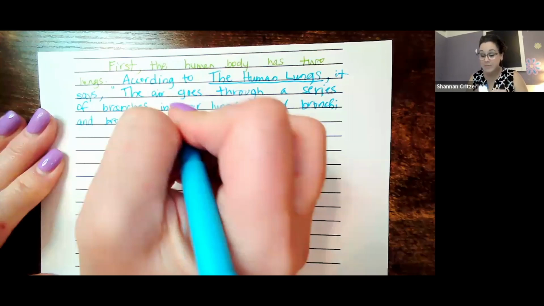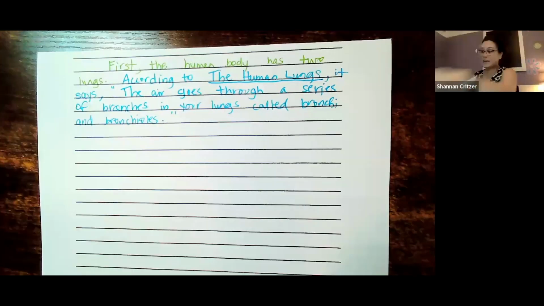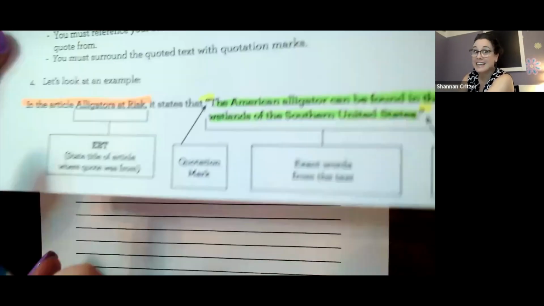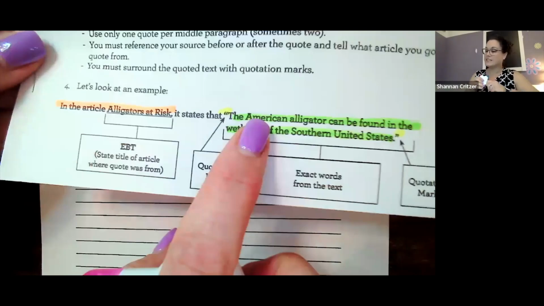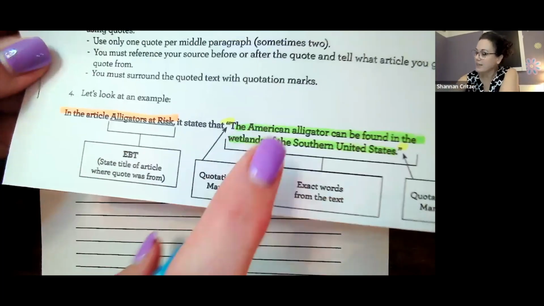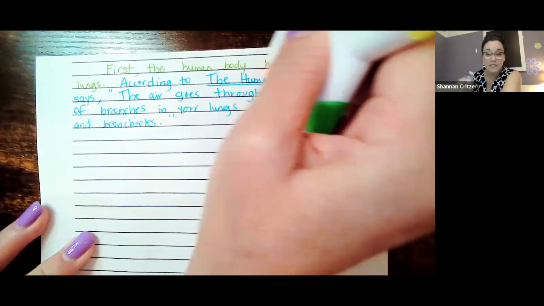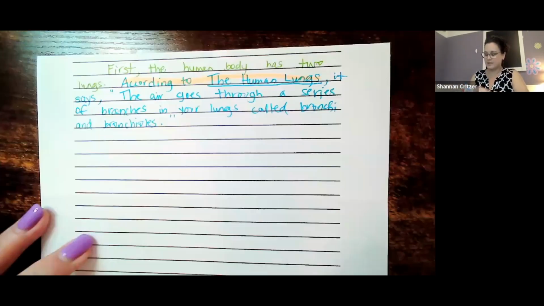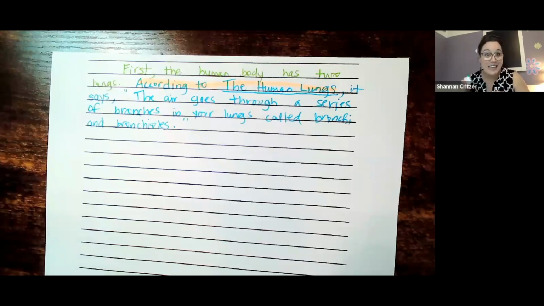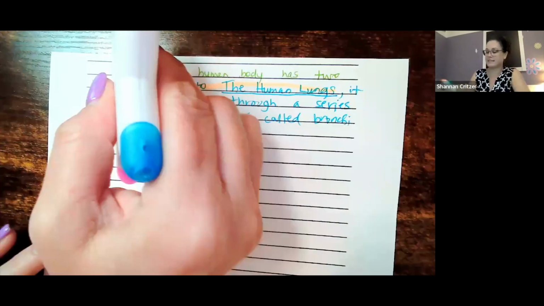So I can do the same thing that I did on our example quotation. I can find the evidence-based terminology, the quotation marks, and the direct sentence. So let's do that. So here is my evidence-based terminology, according to the human lungs. Then I have my quotation marks around the sentence that I took from the text.